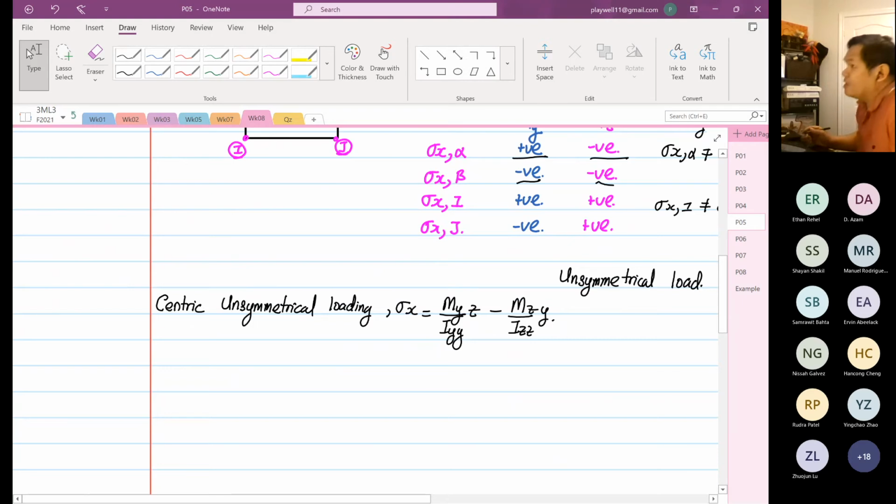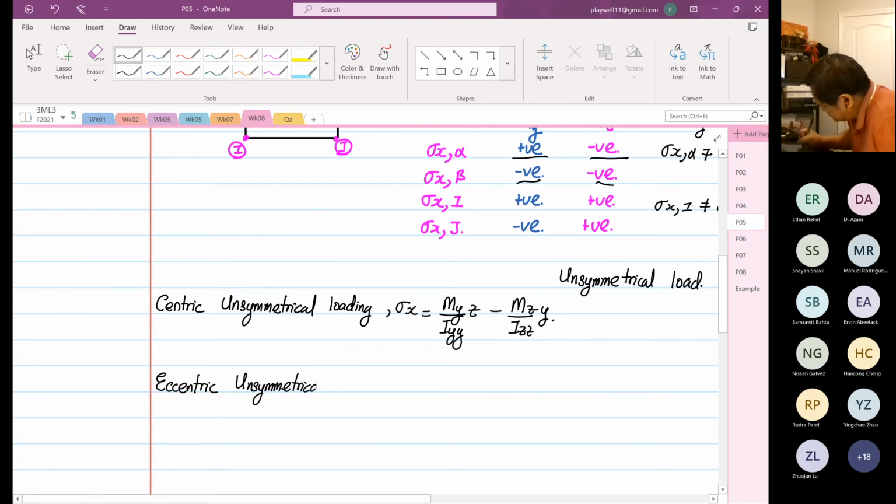Now, if the whole thing is under eccentric unsymmetrical loading, how will the equation look like? It's very simple.